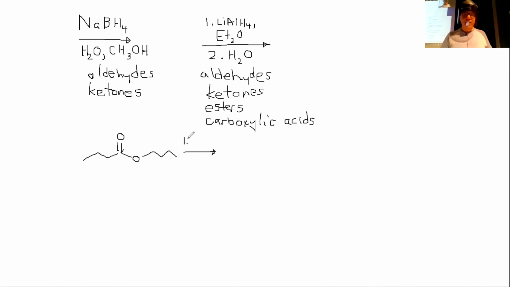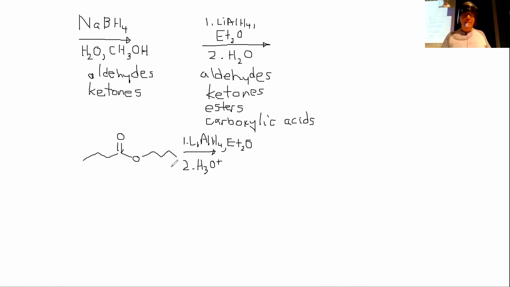But if we used LAH, and again, a polar aprotic solvent like diethyl ether is very common. I almost wrote EtOH, actually. Tetrahydrofuran or THF would also be fine, any ether solvent, followed by either water or H3O+. You can put either here, it doesn't matter which.